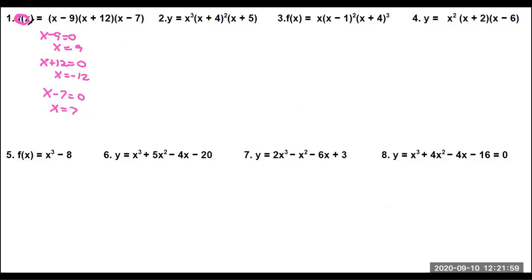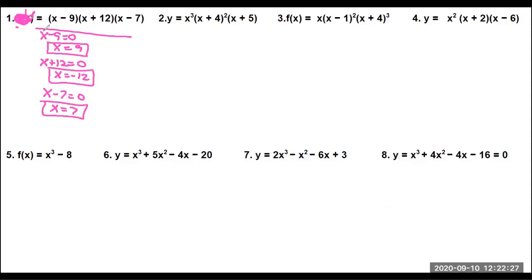If you graphed this in Desmos, you would find there's an x-intercept at 7, at -12, and at 9. You can graph this, but if it's written this way, it's a whole lot easier to find the x-intercepts if you know what's going on.